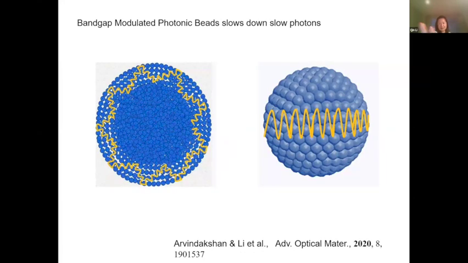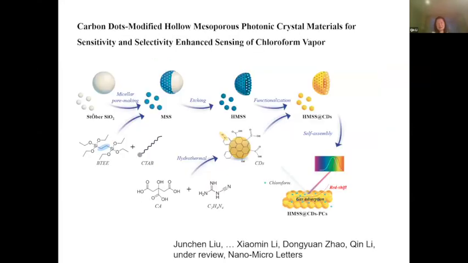And this is the mechanism of resonance. And we also took the inspiration of this pyridinic N oxide terminated carbon dots for chloroform sensing and combined that with the colloidal photonic crystal, and we made a simple sensor.